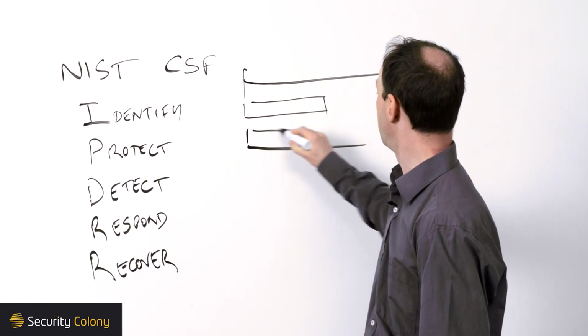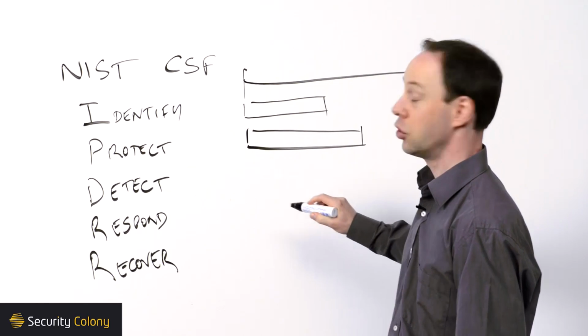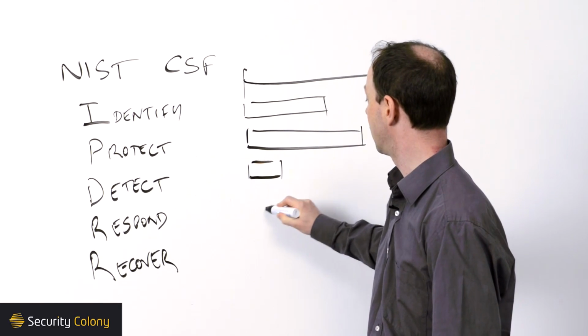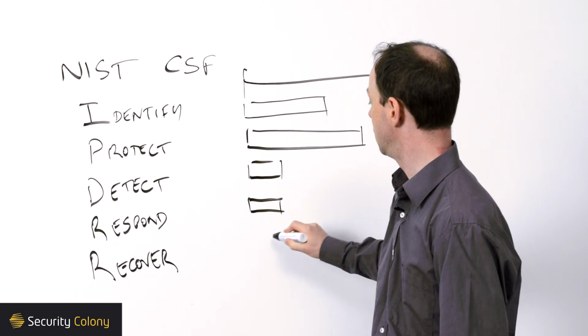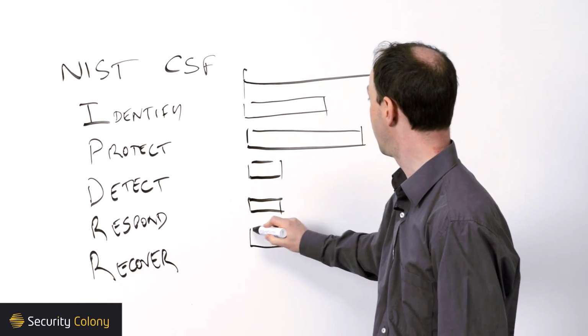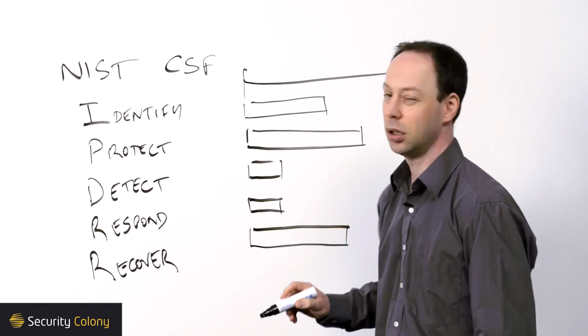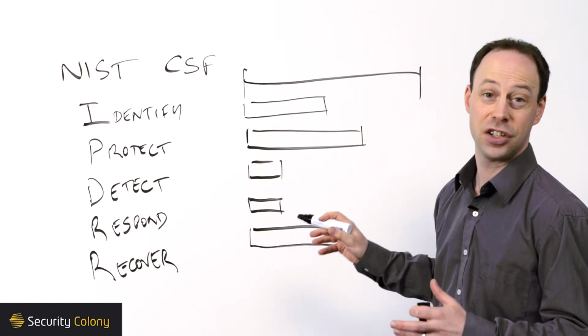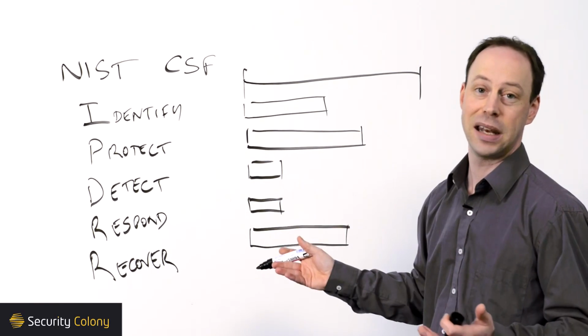You're likely to find that protect is an area where you have a degree of strength. Detect is likely to be weak, respond is likely to be weak, and recover is likely to be somewhere in the middle. And generally, this reflects the investment patterns of organisations in cybersecurity over the last many years.